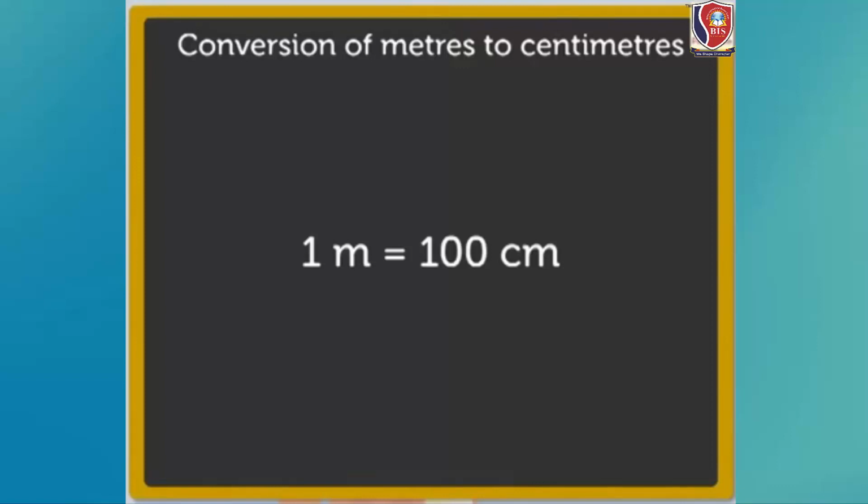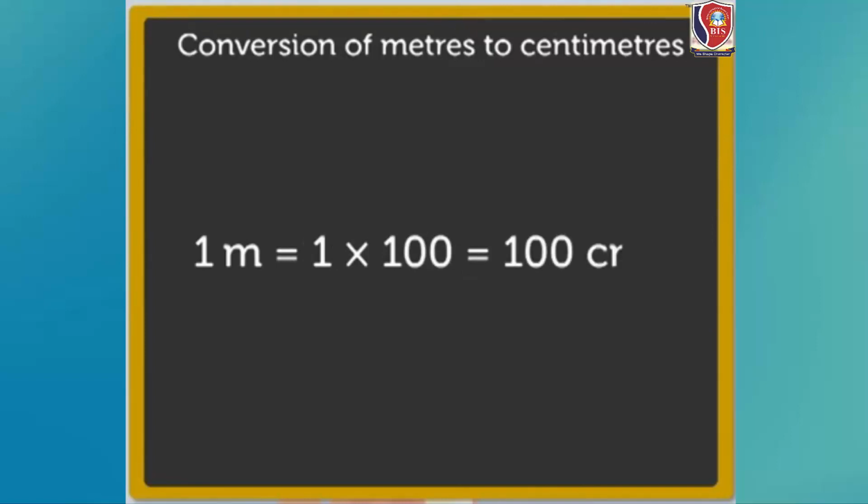Now, as I said, 1 meter is equal to 100 centimeters. So, to convert meters into centimeters, we have to multiply the meters by 100.